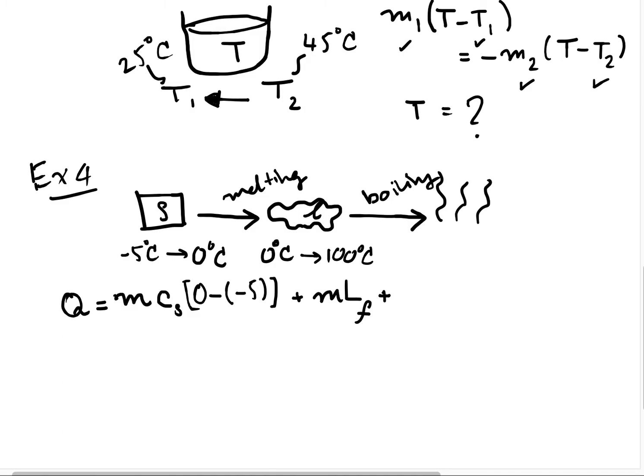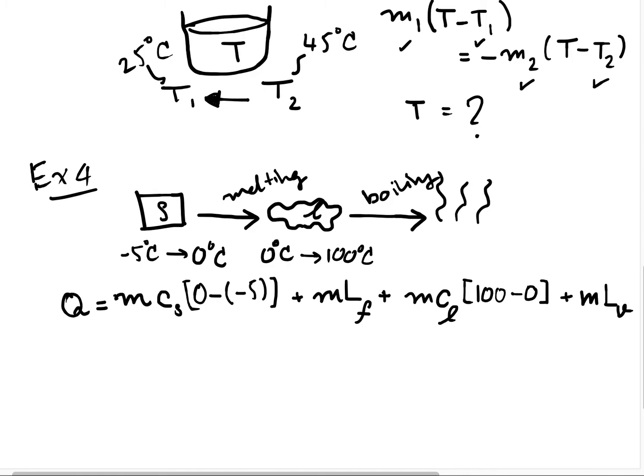After we get the water we do mC delta T again, but now you need to use the specific heat value for the water, and we go from 0 to 100 degrees, so 100 minus 0. Finally we go to Q equals mL again, but now it is the latent heat for vaporization.